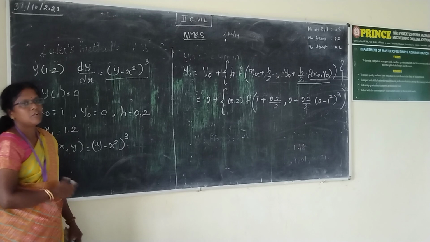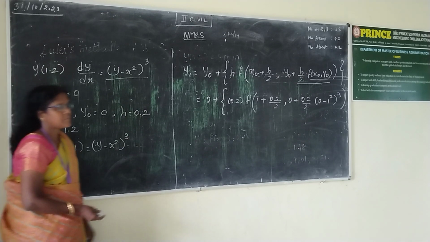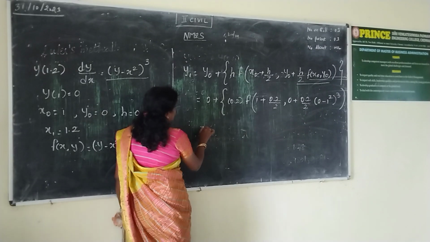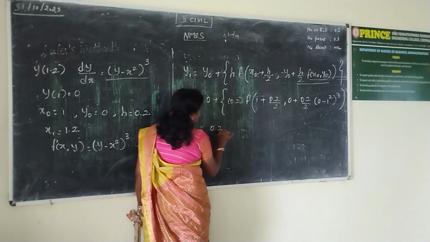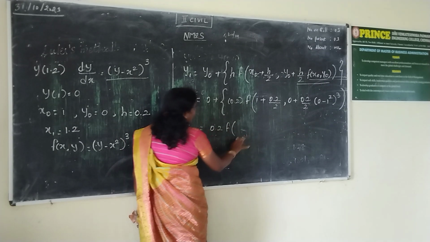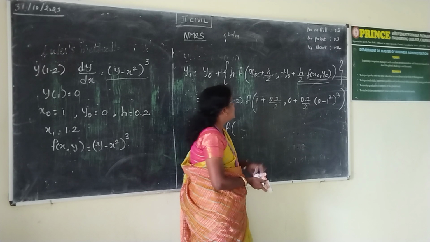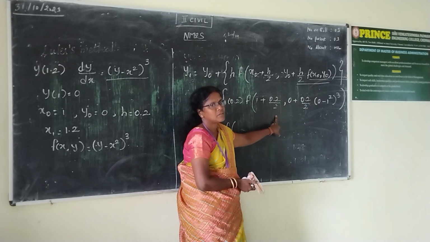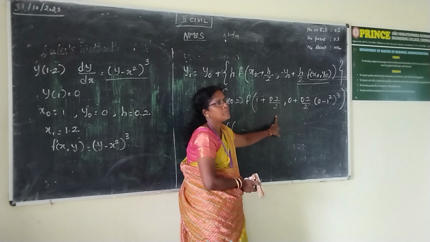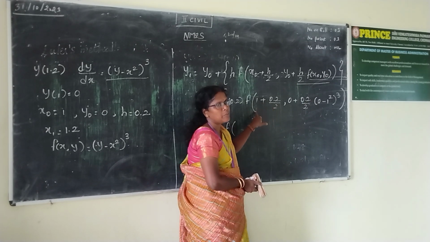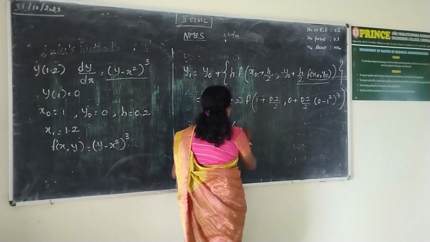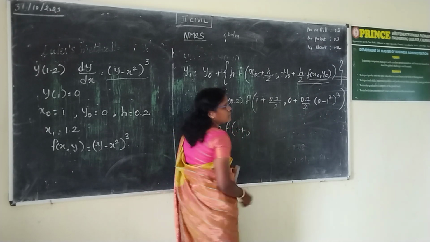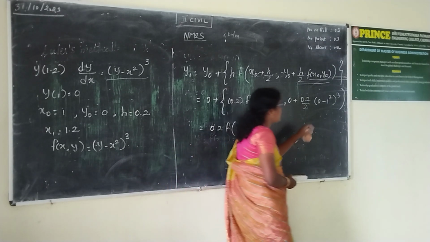Do it carefully. So you get 0.2 into f of. Identify the first term. What is 0.2 by 2? 0.1. 0.1 plus 1 will give you 1.1.